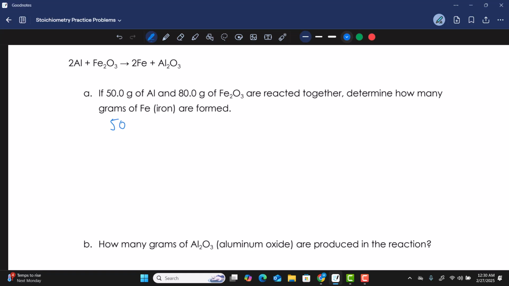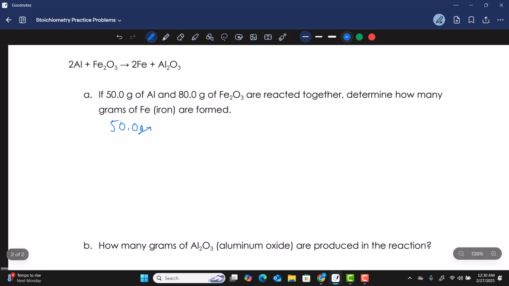So we have 50.0 grams of Al over 1. And then we want moles on the top and grams on the bottom so that they can cancel out.